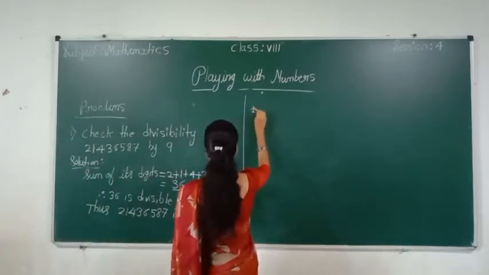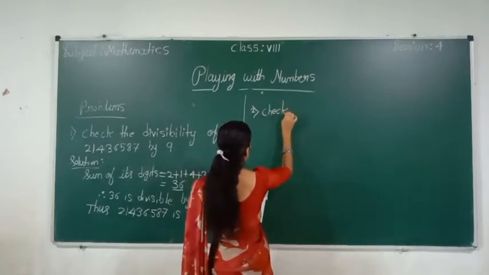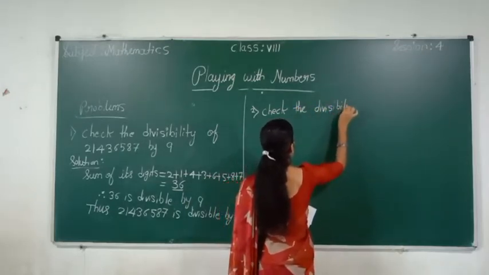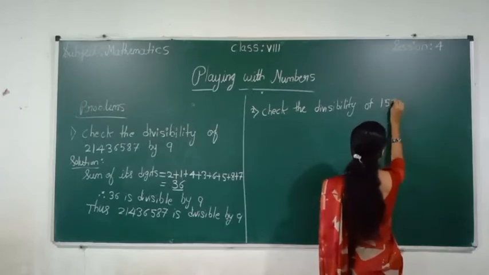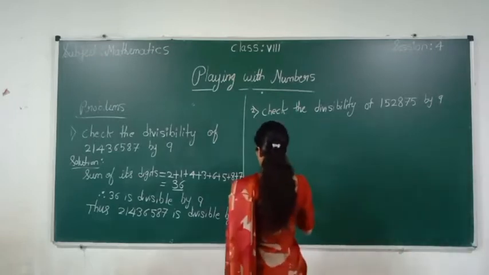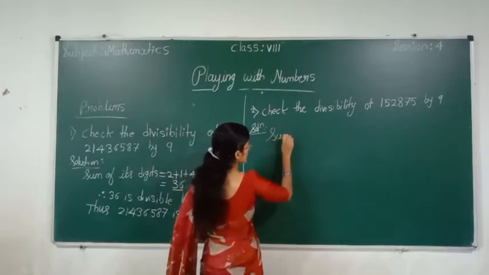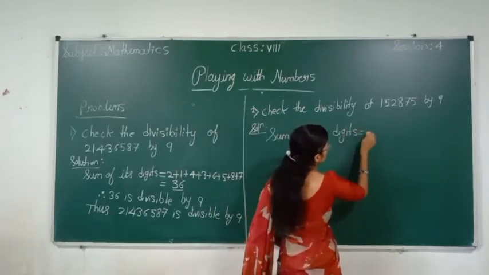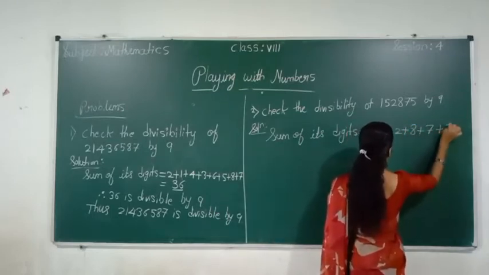Second problem we will take. Check the divisibility of 52875 by 9. Solution: sum of its digits is equal to 5 plus 2 plus 8 plus 7 plus 5.